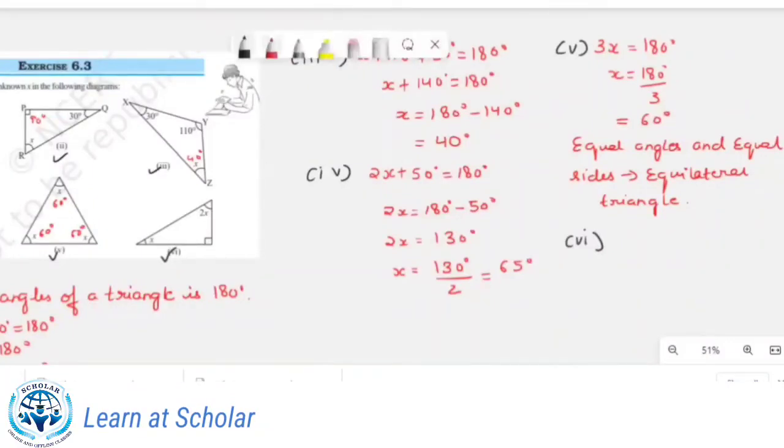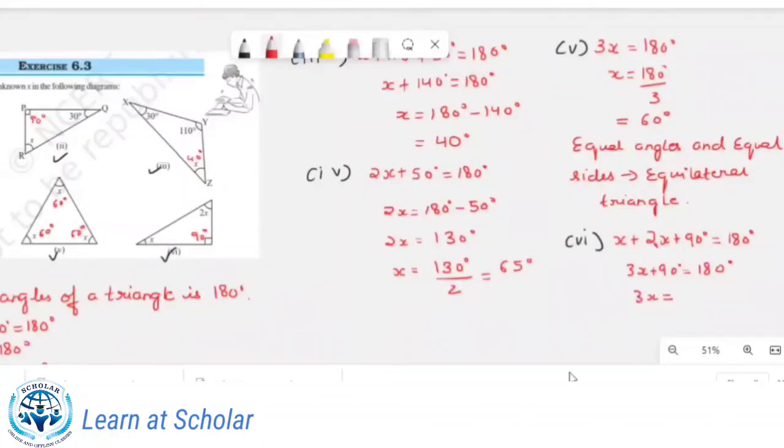One angle is given as 90 degree. You can easily see. Another is of 2x measurement. We have to find out the value of x. And the last one measures x. That means two are unknown. By finding the value of x, we can get the values of the unknown angles.